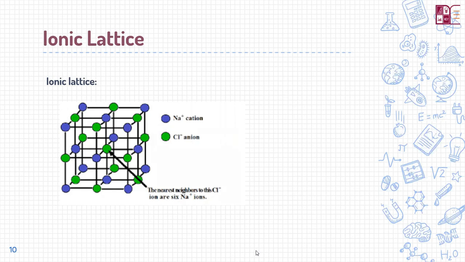Ionic lattices are the structure of the ionic compound which has been formed. Now you see this is a sodium chloride lattice, NaCl. So both are in the ratio 1:1. One atom of sodium and one atom of chlorine.